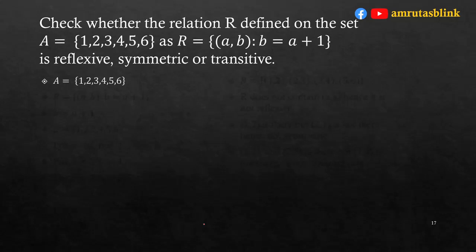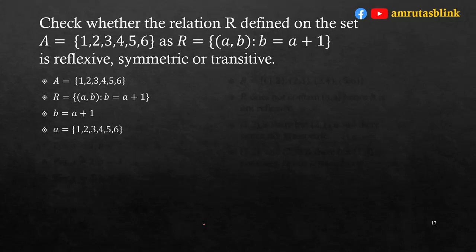Now A = {1, 2, 3, 4, 5, 6} and R = {(a, b) such that b = a + 1}. That means a can take any of the 6 values, 1, 2, 3, 4, 5 and 6. So for all these values of a, we'll calculate the value of b.